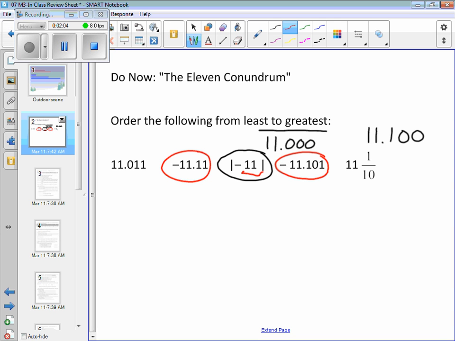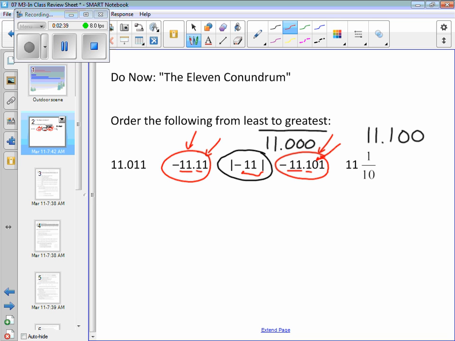So we are now comparing negative 11.11 and negative 11.101. And when we compare the values by place value, these first 2 digits, the 10s and the 1s, are identical, and so are the tenths. We need to actually go and take a look at our hundredths place.